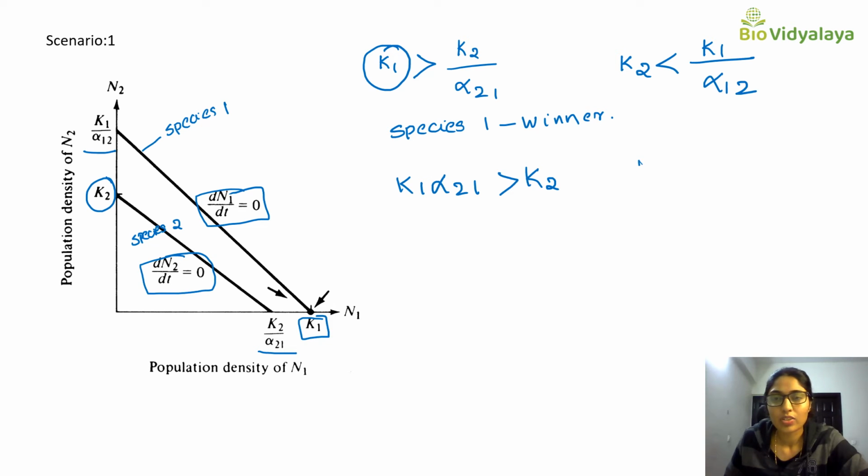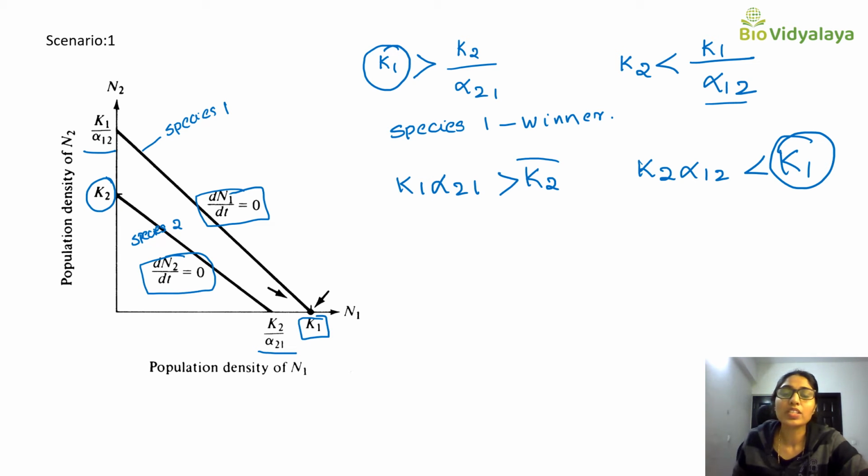Here also we can rearrange: K2 alpha 12 lesser than K1. Here also we can find that K1 is greater. So species 1 is the winner. That means species 1 is a strong competitor, showing strong interspecific competition. That's why species 1 is the winner here.